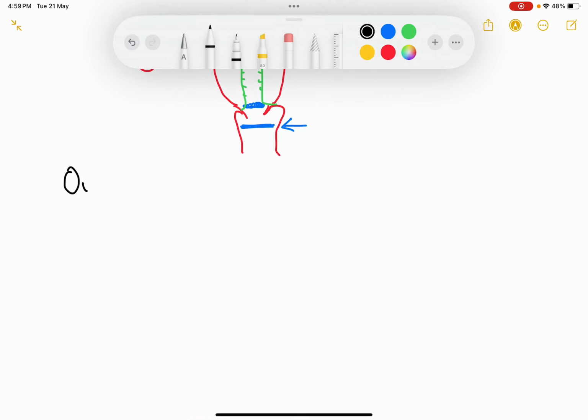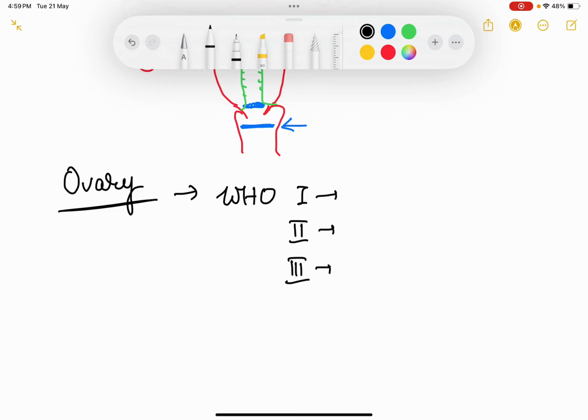So, let us start with the ovary. If we consider the ovary, there can be three types of defects. There is a WHO classification of class 1, class 2 and class 3 type of ovulation defects.